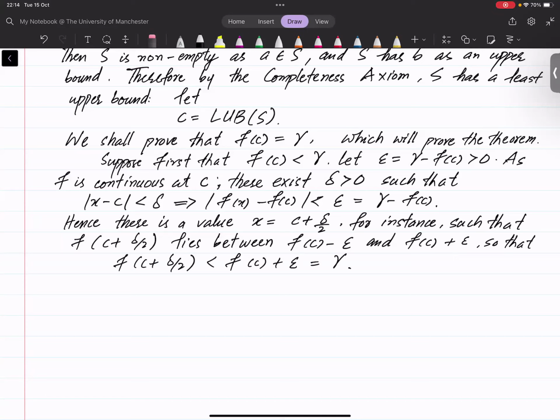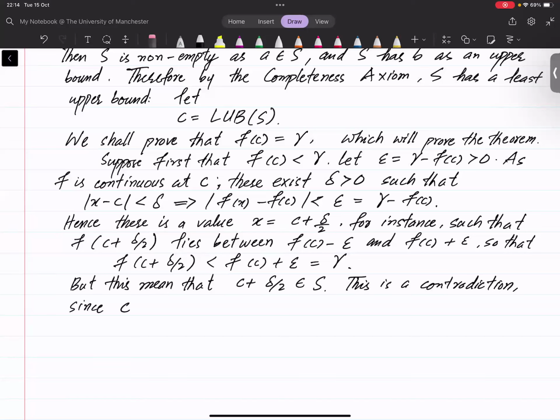But this means that c plus delta over 2 is in the set S. This is a contradiction, since c is an upper bound for S.